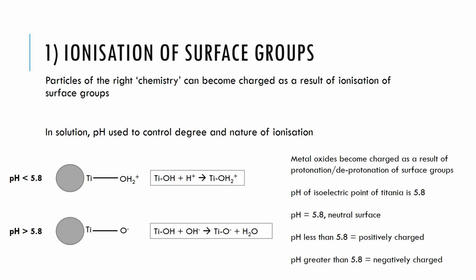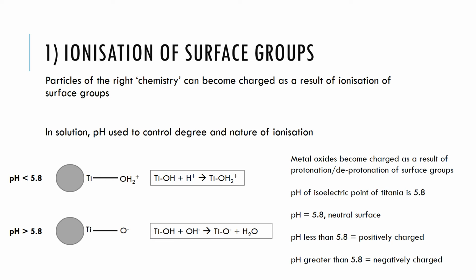So if we modify the pH to a pH of less than 5.8, so towards the acidic side of the isoelectric point, then we protonate those titanium oxide groups, and you can see that you get TiOH2+ groups on the surface. And that gives the surface of our particle a positive charge.